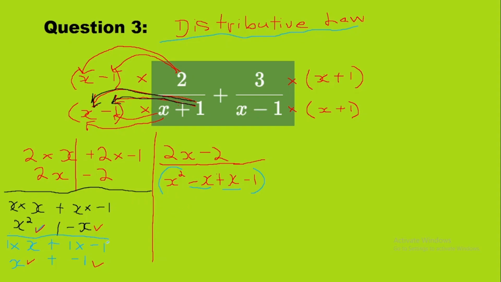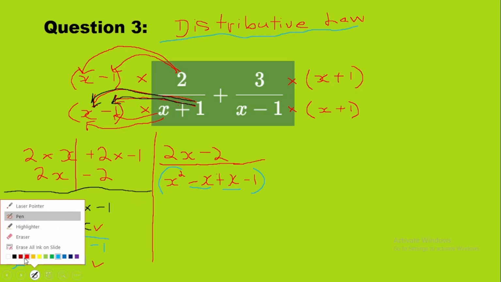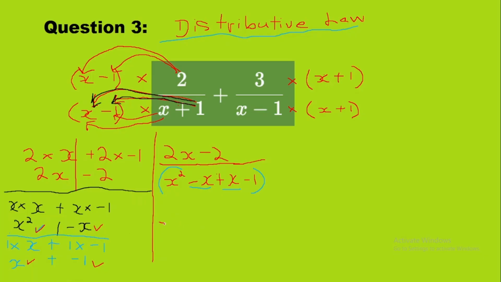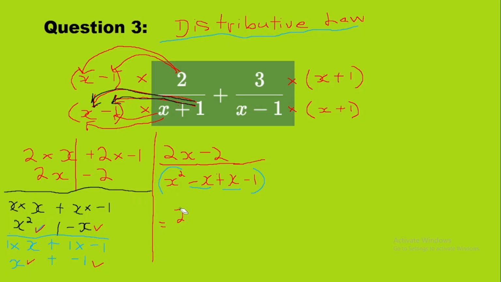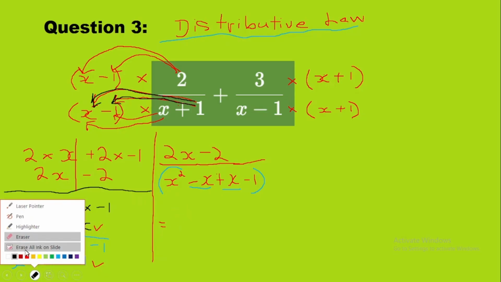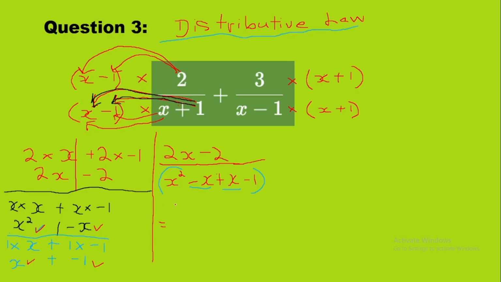So we'll just end up with this fraction right here, which, for the first fraction, we will have 2x minus 2 all over, let's write it now, we have our x squared.